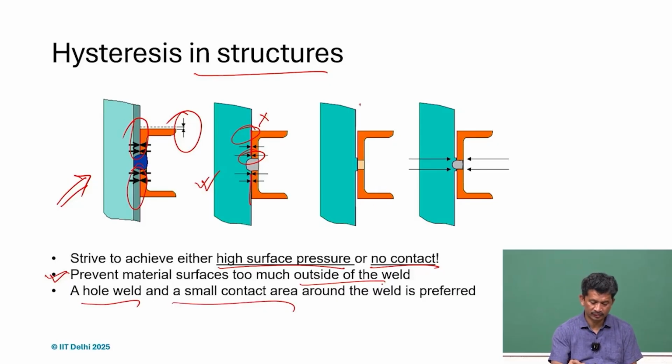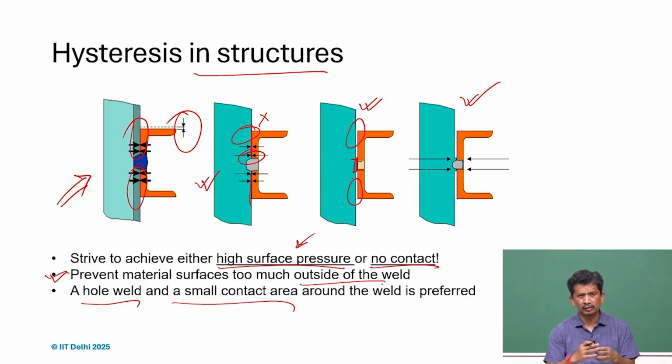For instance, in these two cases, we realize that it is now restricted to a smaller area, so there will be high pressure, and in most places there is no contact. There is no sliding friction involved, so there is no micro slip, and we can get rid of those issues. Similarly here also, you can see these two are preferred choices. So be aware of that.